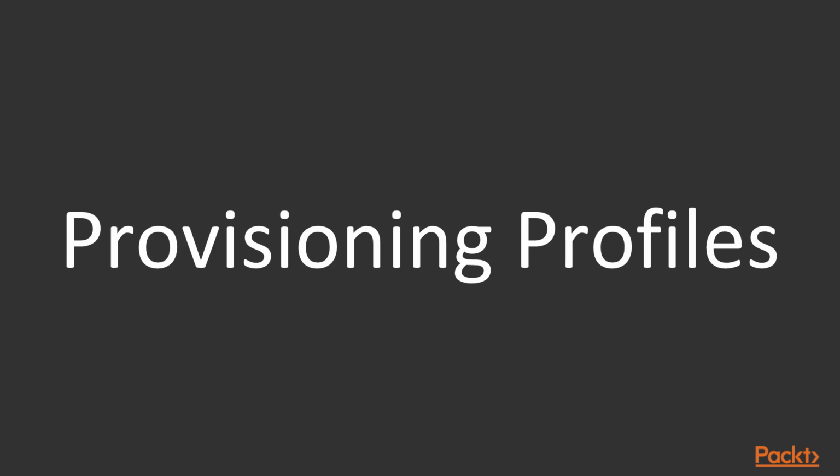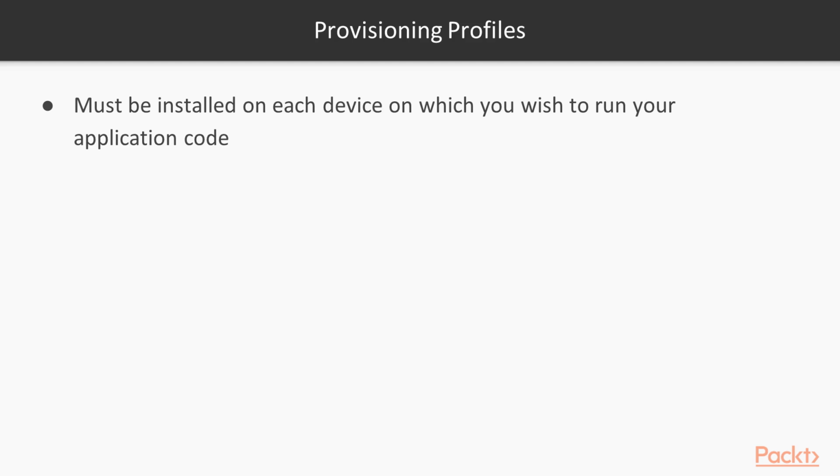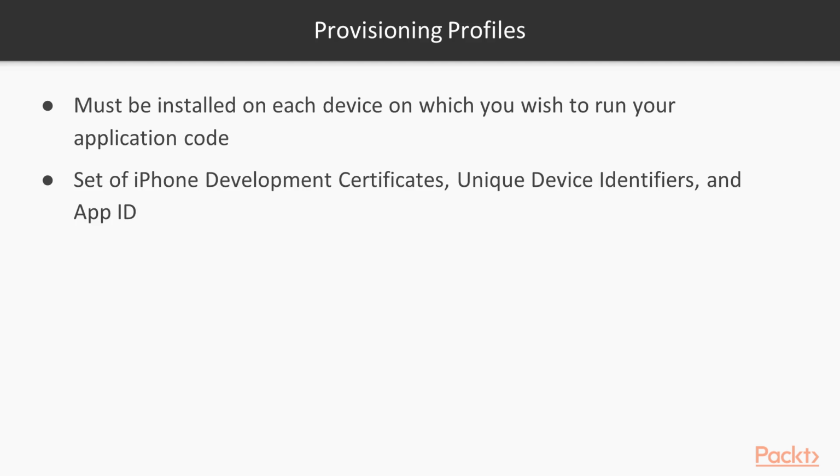A provisioning profile is a collection of digital entities that uniquely ties developers and devices to an authorized iPhone development team and enables a device to be used for testing. A development provisioning profile must be installed on each device on which you wish to run your application code. Each development provisioning profile will contain a set of iPhone development certificates, unique device identifiers, and an app ID.